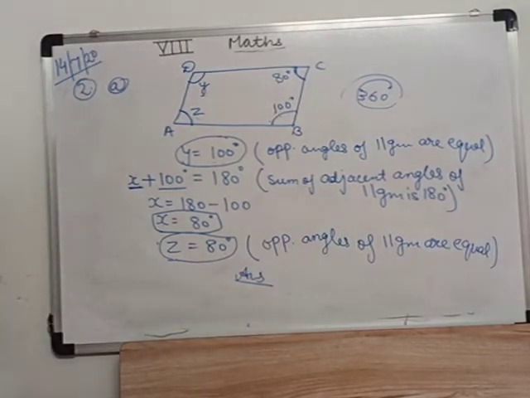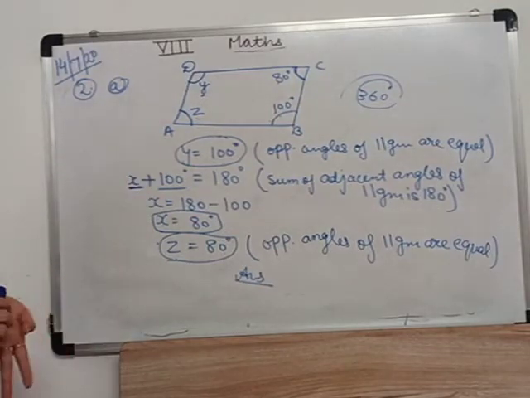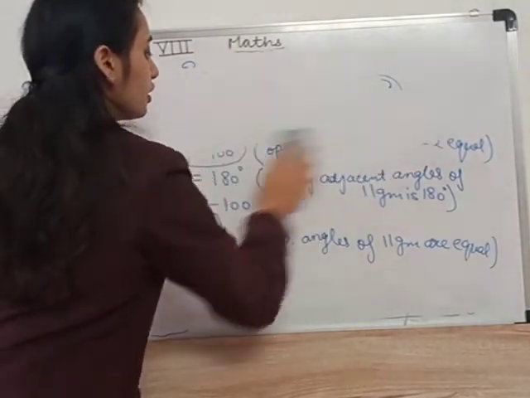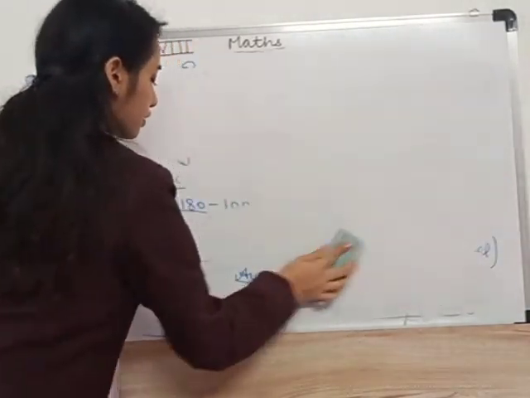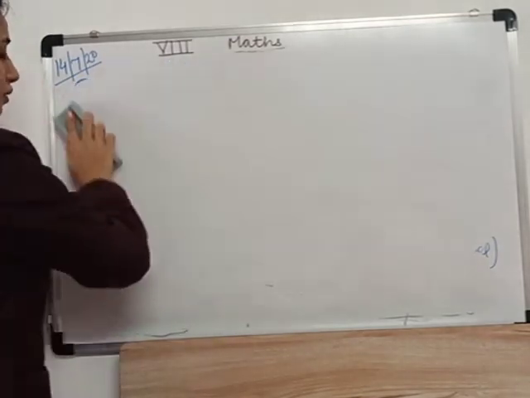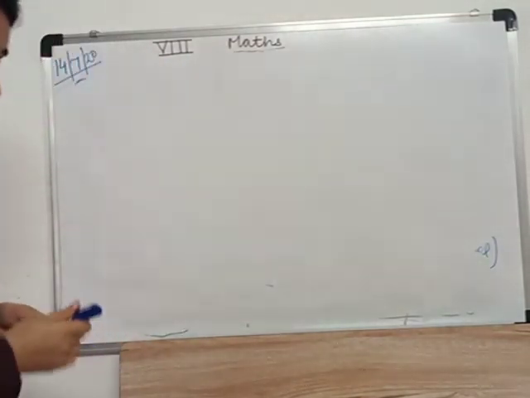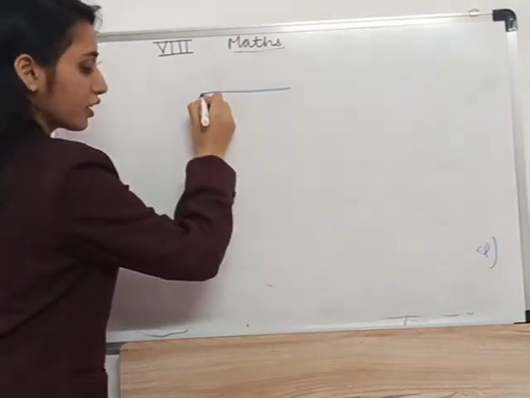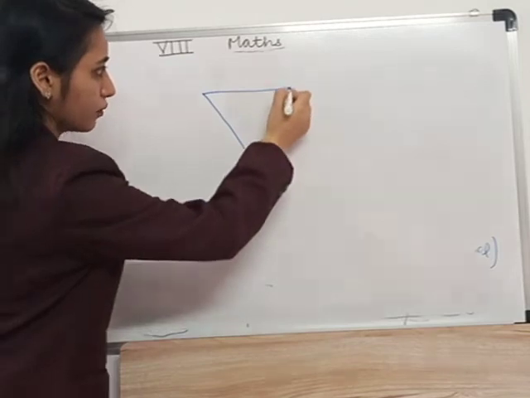Understood? In this way, using only 2 or 3 properties, we can find every unknown value of our unknown variables. Now in the second part, what is the question? What's the second part? Figure. In this also a parallelogram is given, because in the question, consider the following are parallelograms. You have to consider that all the given figures are parallelograms.